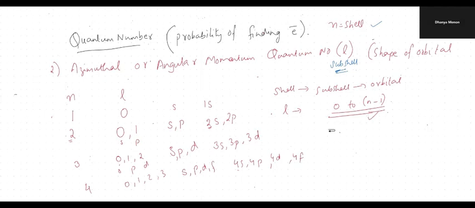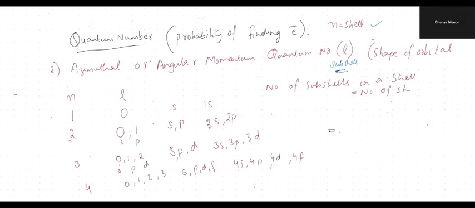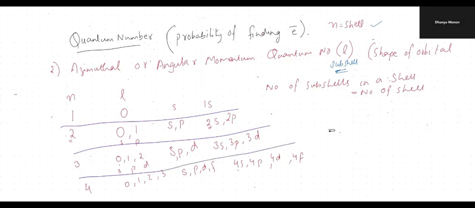Now, the number of subshells in a shell is equal to the number of the shell. Here, how many subshells are there?